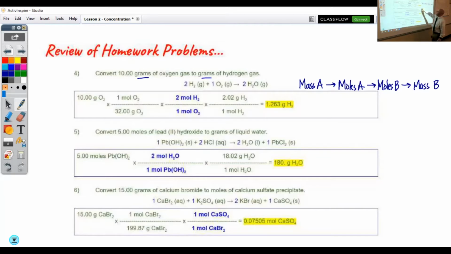In problem number 5, we're going from moles, so we're actually starting here, and we're finishing with mass of B, so our mass of liquid water. So this is a 2-step problem.